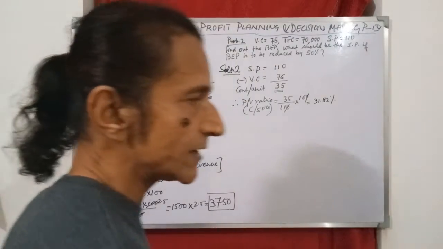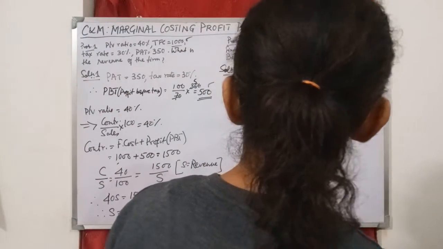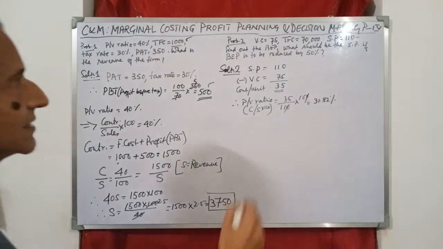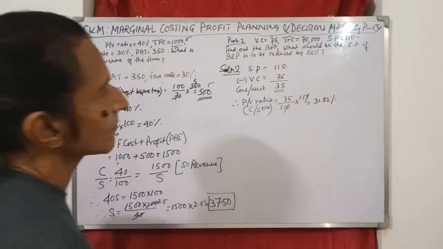So PV ratio is 31.82% when the selling price is 110 and variable cost is 75.